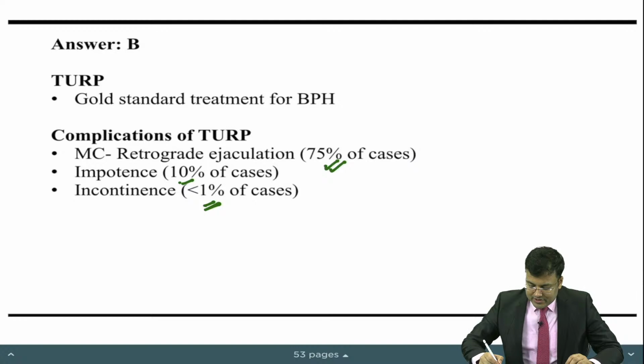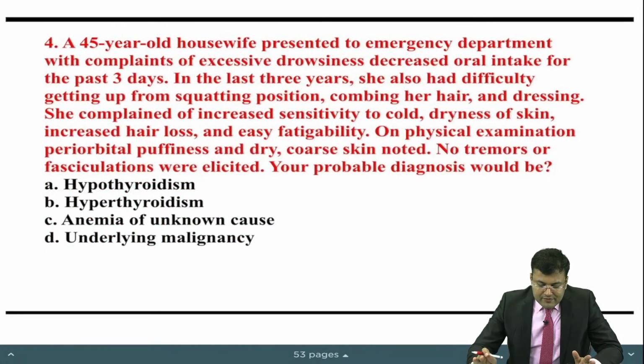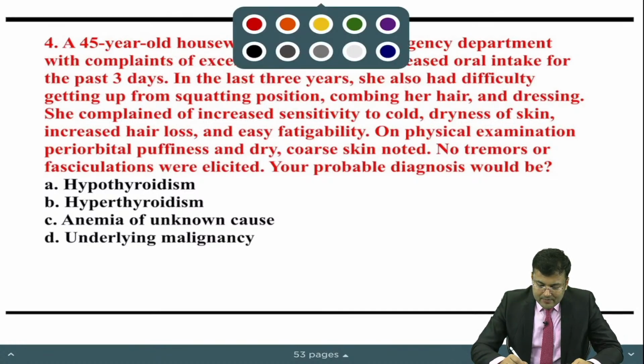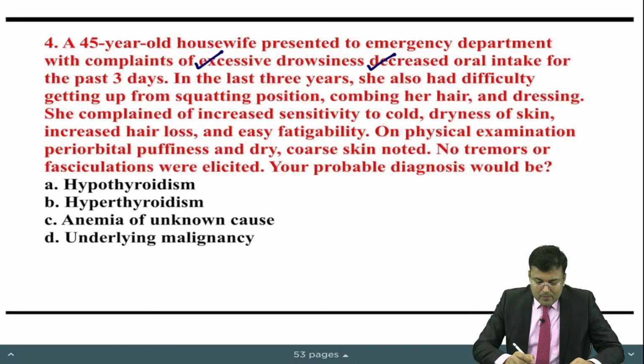Now, see the next question, question number 4. A 45-year-old housewife presented to the emergency department with complaints of excessive drowsiness and decreased oral intake for the past 3 days. In the last 3 years, she had difficulty getting up from a squatting position, combing her hair, dressing, and complained of increased sensitivity to cold.